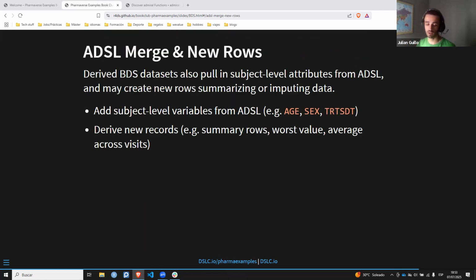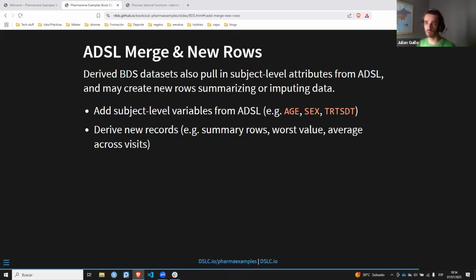Then most of the time, if not all the time, in the BDS datasets we need the subject level attributes that come from the ADSL that we saw in the previous session.